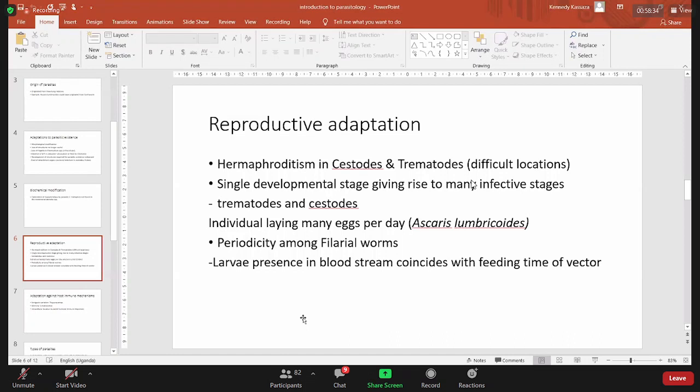And the occurrence of these organisms in the blood circulation coincides with the feeding time of their vectors. So this becomes easy for those parasites to be transmitted to the next host by the vector.